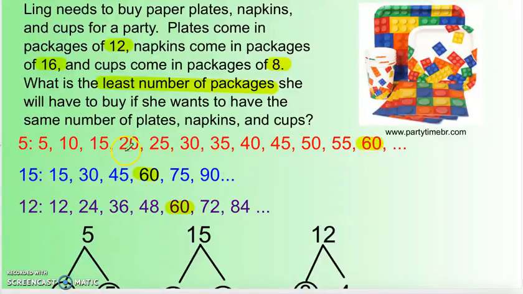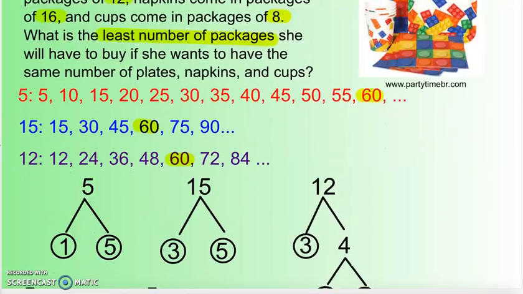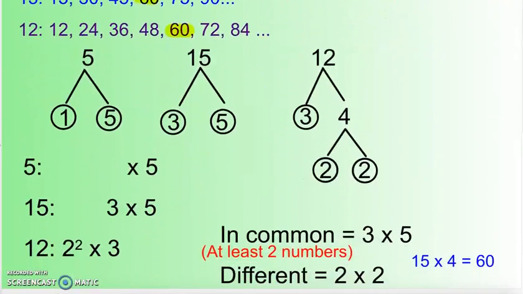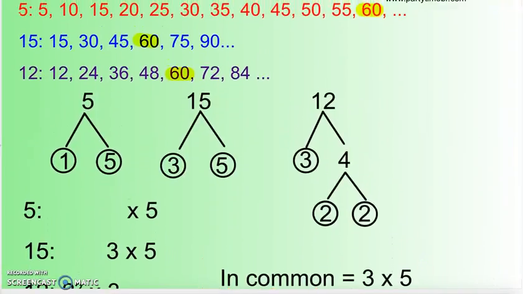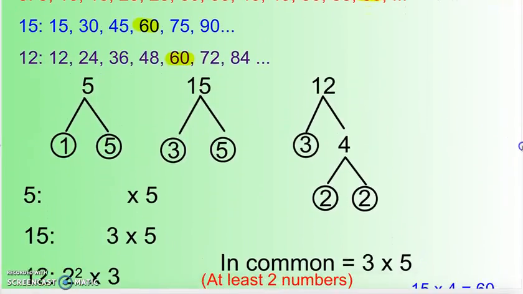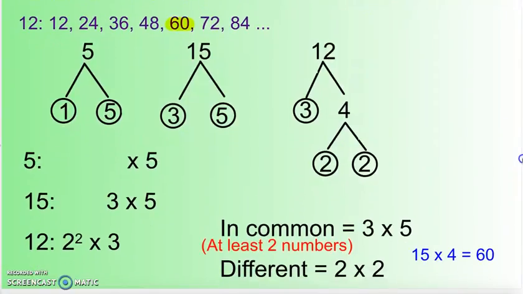And so right away, by listing their multiples, I notice that 60 would be my least common multiple. And I did a factor tree below, but I still get the same number of 60. You can use either way, whatever works best for you. So you can do the list way or the tree way and you still get the same answer of 60.